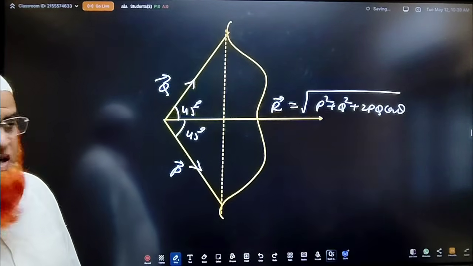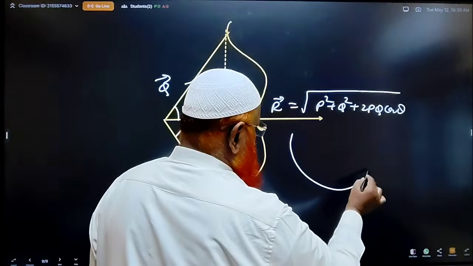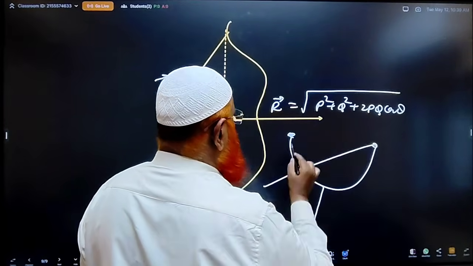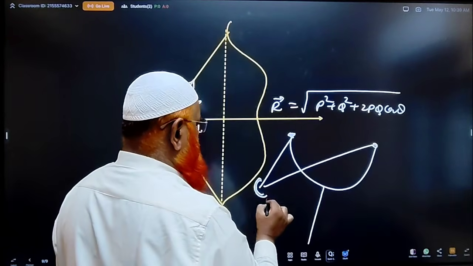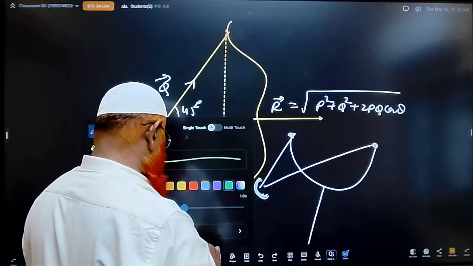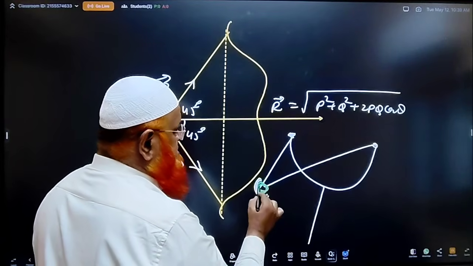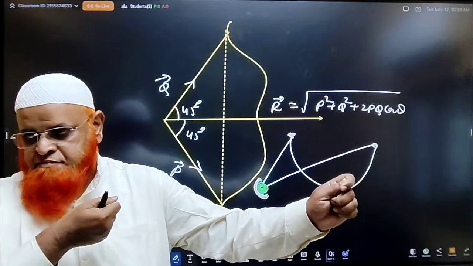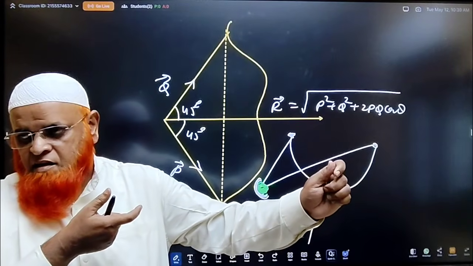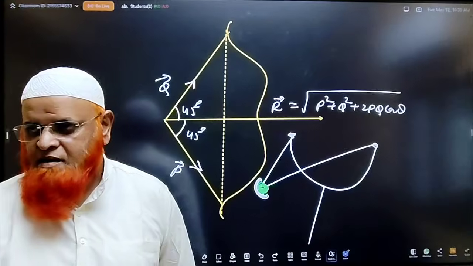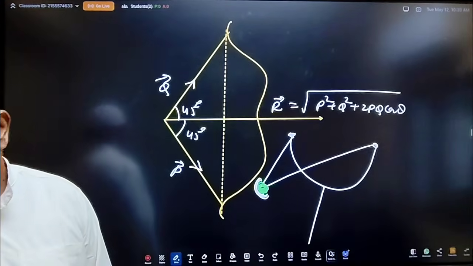Another example you can take is a catapult. You call it a slingshot, a catapult, in childhood.